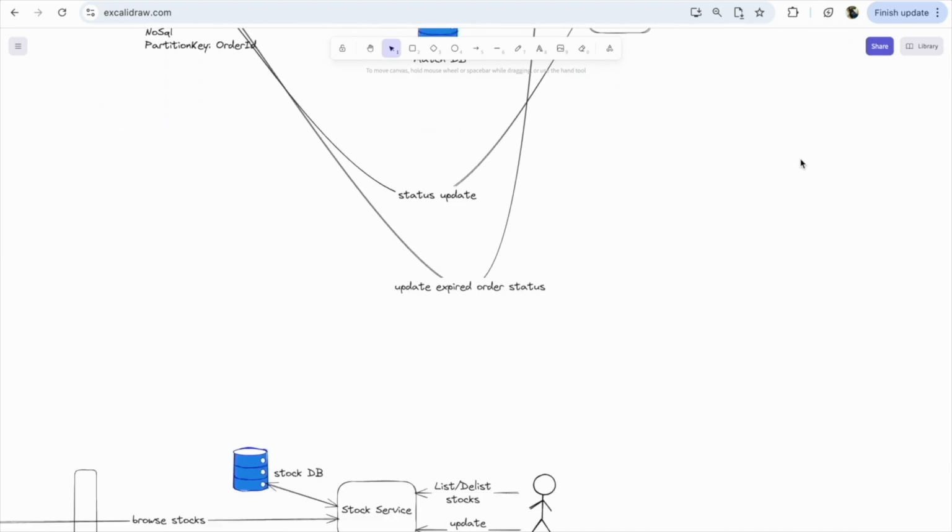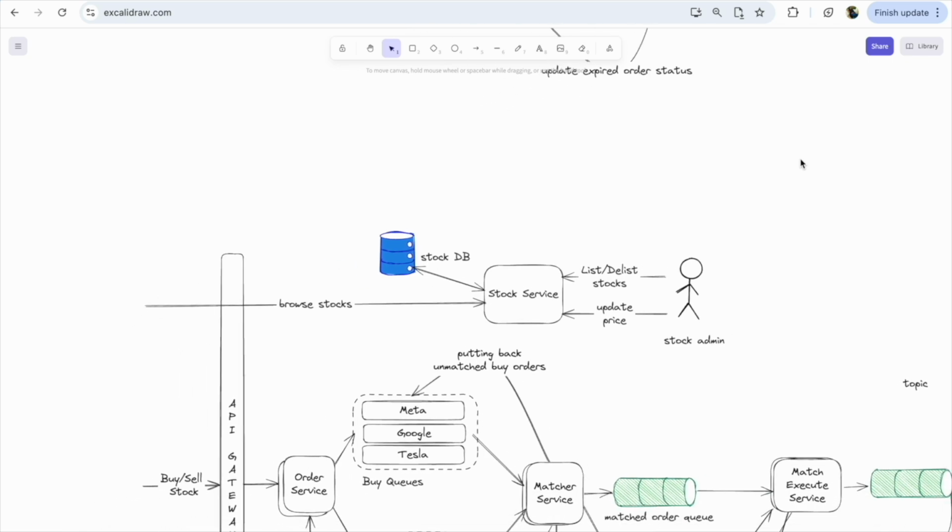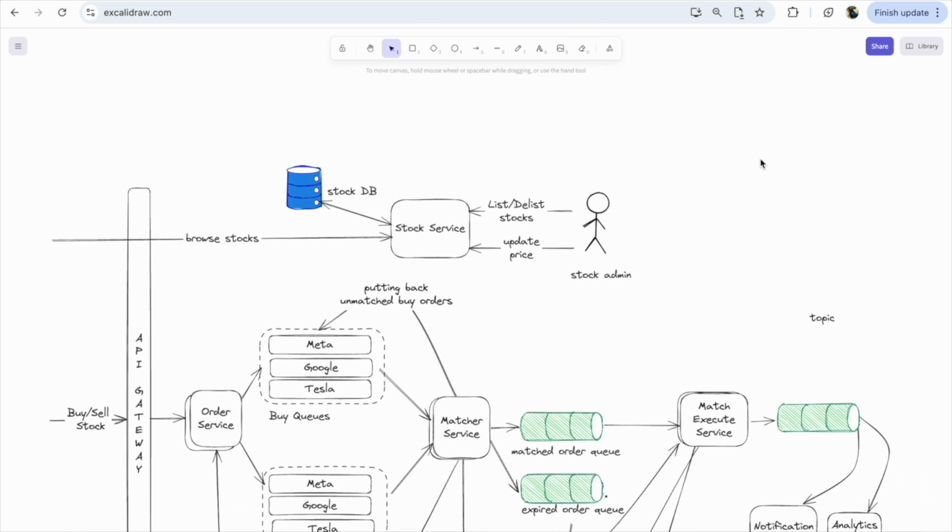Now one more thing I have quickly added here: we had a requirement to browse the stock details, right? We have already seen that the stock admin will be able to list or delist stocks, and the stock admin can also update the price, right? That will be stored in the stock database, and there will be some API exposed for browsing the stocks.